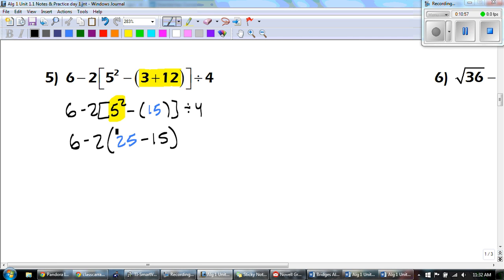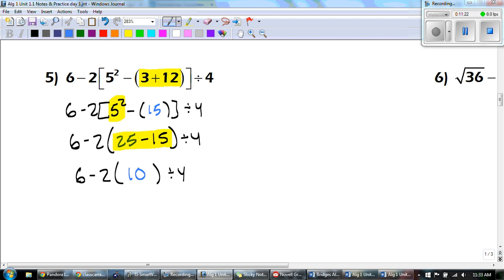So you can keep the bracket. You can do the parentheses. We always change it to parentheses. Brackets normally when there are 2. Okay? Now, I still have inside the parentheses to take care of. Okay? So I can't do that 6 minus 2 yet because I'm too busy doing 25 minus 15, which is done.